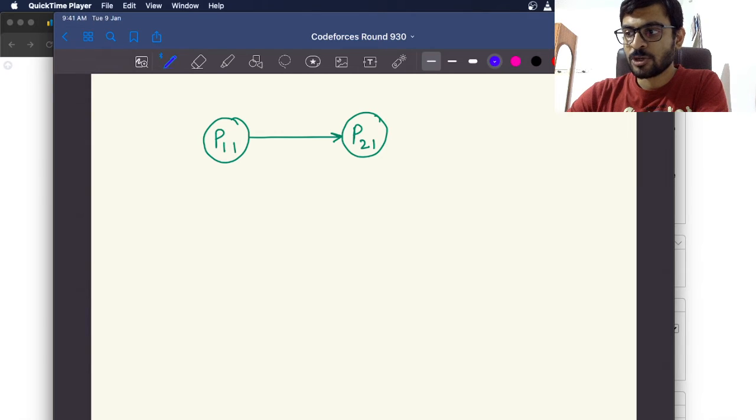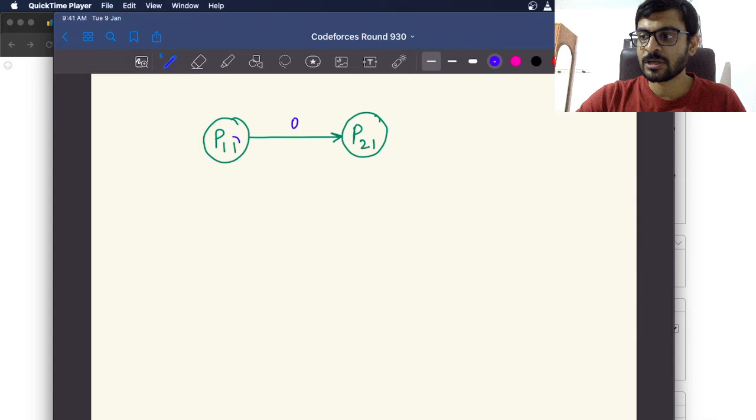It can be 0 if A of 1 1 is already greater than or equal to A of 2 1. Otherwise, this can be the difference.